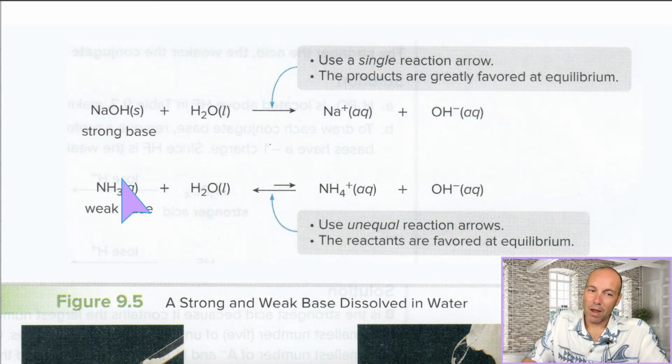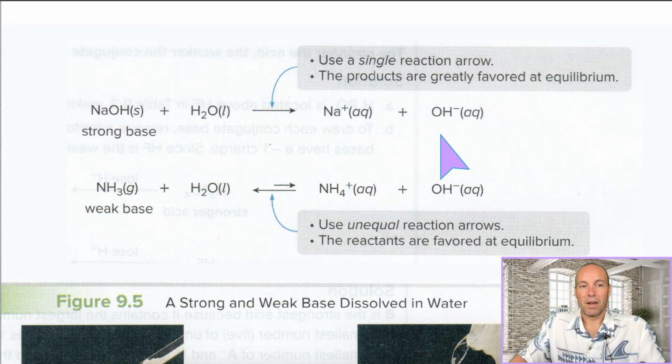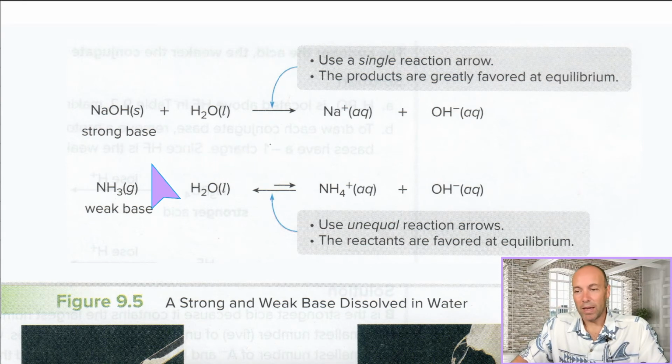So for every 100 weak base molecules, you might just get 1 or 2 hydroxides. But if it's a strong base, for every 100 of these, you'll get 100 of those. Okay? So again, weak and strong. Strong, 100% ionization, weak, small fraction of them ionize.